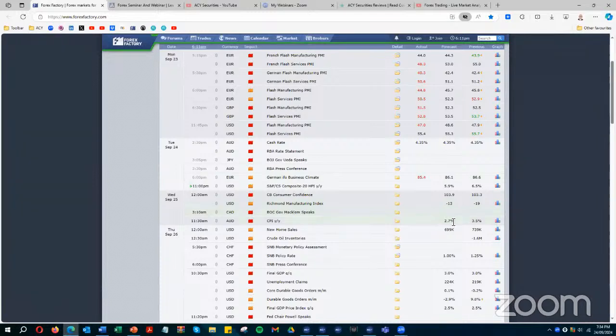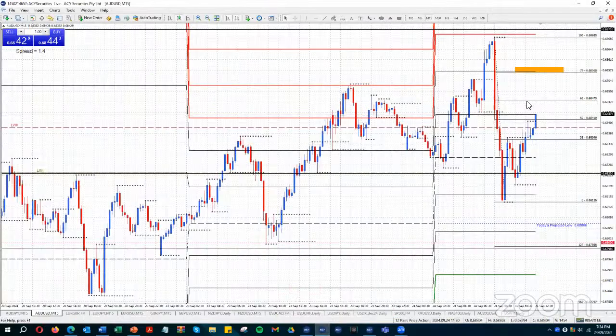If that comes in nowhere near 2.7, we'll probably fly up. So I don't want to get short today. I don't like trading with fingers crossed. So I would wait to see if we came up and rejected up here after CPI, great. Otherwise I would probably tend to leave it alone.